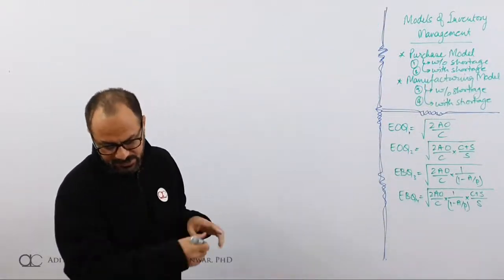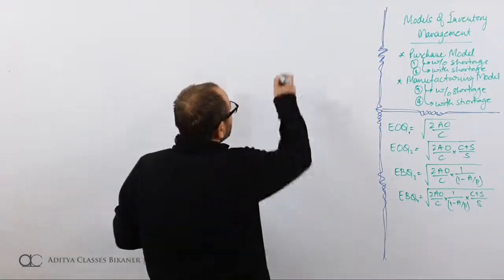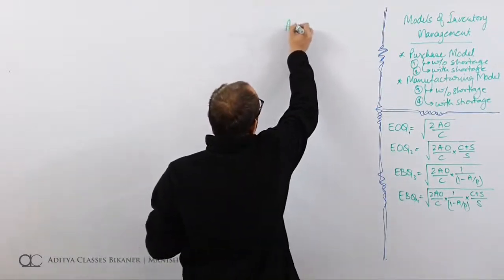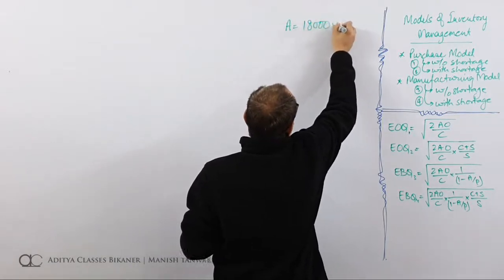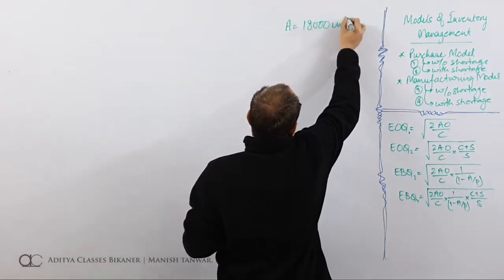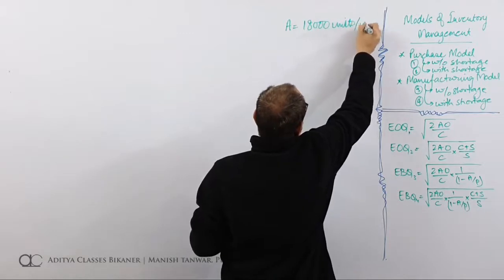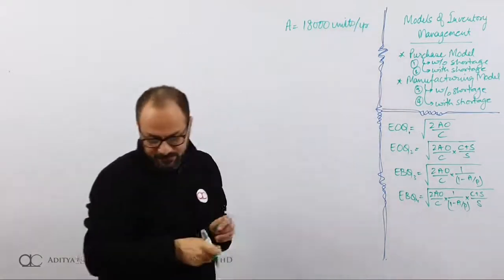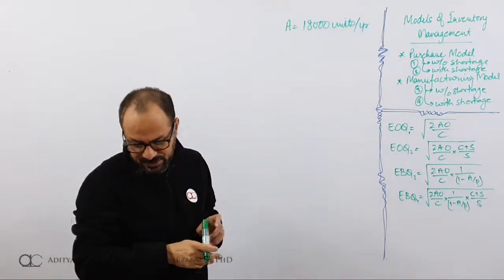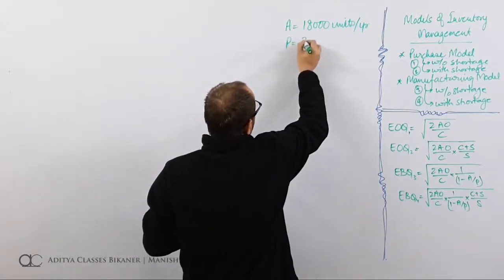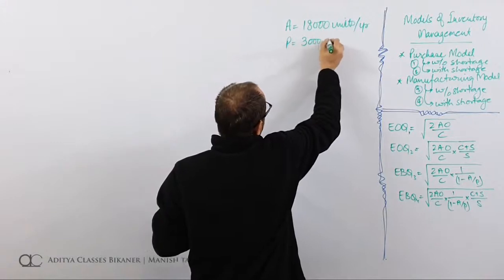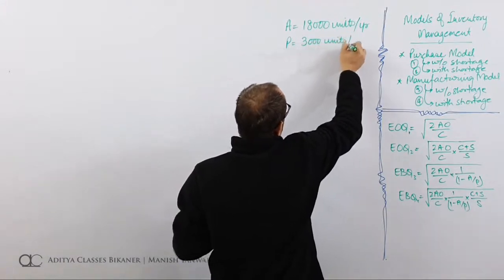The question says, demand for an item is 18,000 per year. So the demand is 18,000 units per year. Additional information given is its production rate is 3,000 units per month. Production rate is given this time.